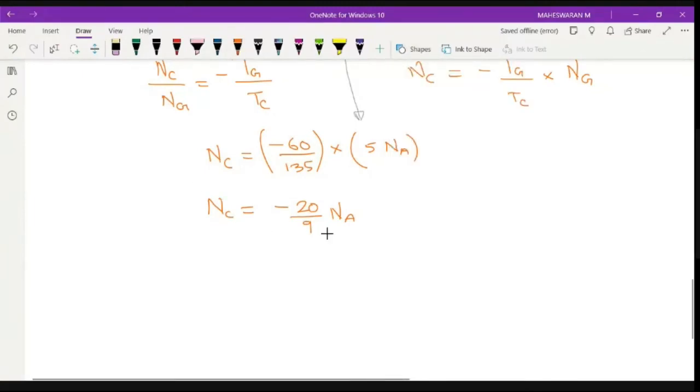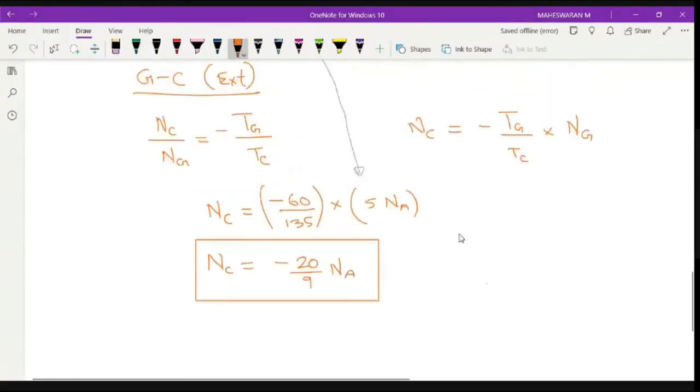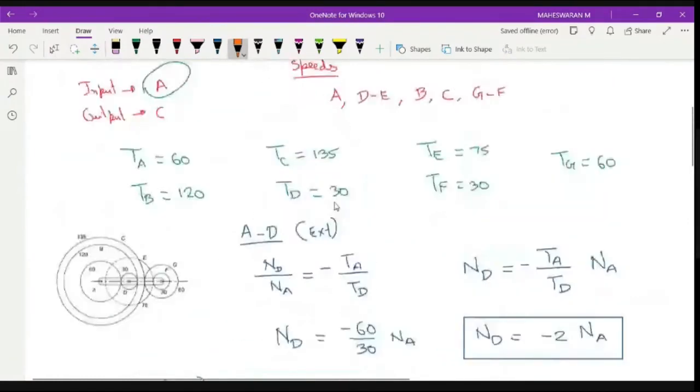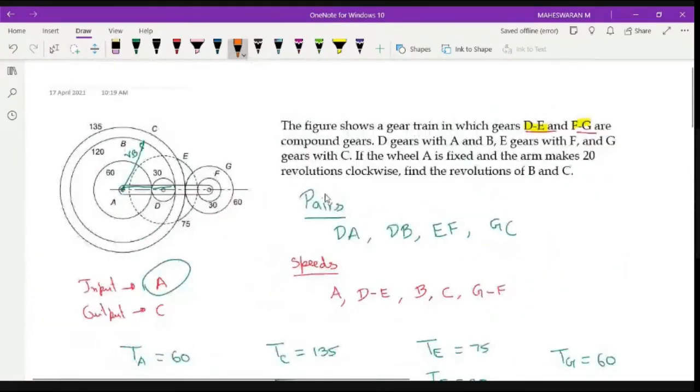So now we completed all these parts, which are related to NA, NB. So all types of speed ratios we identified. The next step is I have to put a tabulation. What will be the number of columns for the tabulation? 1, 2, 3, 4, 5 plus arm, 6, and then the statement column, which is 7.